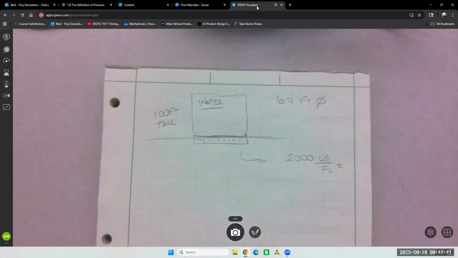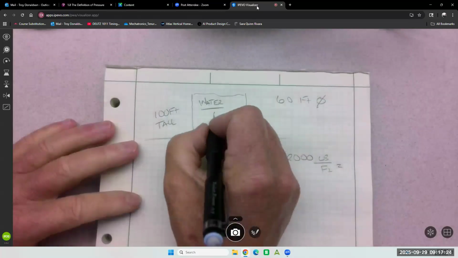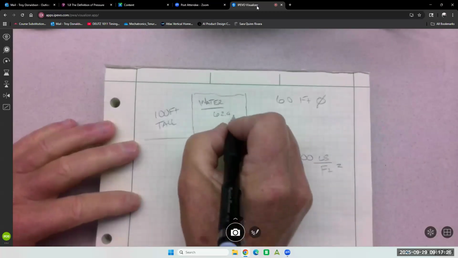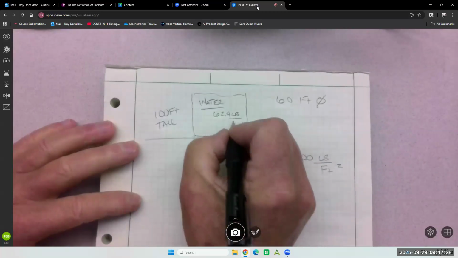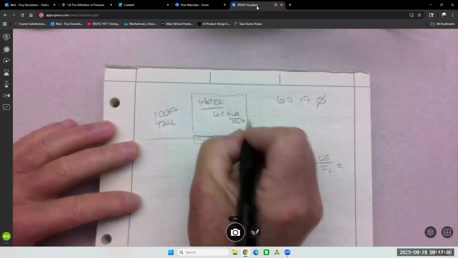Right? So calculate how much pressure is on the soil, and we're going to compare it to the 2,000. What's the specific weight of water? Yep, 62.4. What's the unit? Yep, feet cubed.